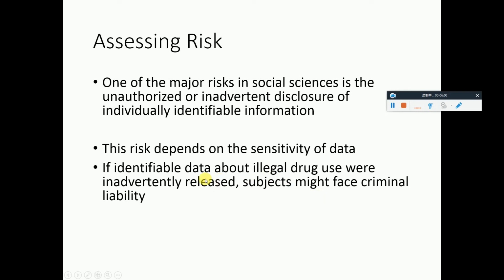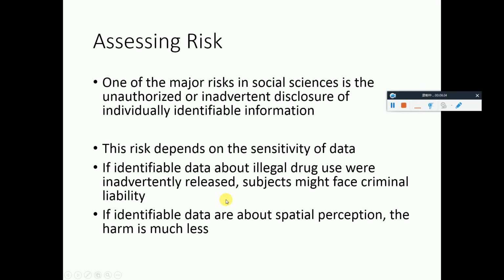If such information is leaked with other information that can pinpoint subjects, for example, their name, their postal code, their physical address, imagine that this information about their illegal drug use, coupled with their name or other individually identifiable information, can actually bring legal consequences to that particular participant.